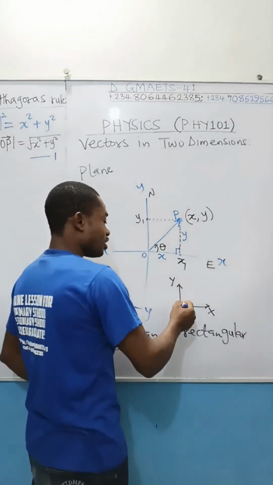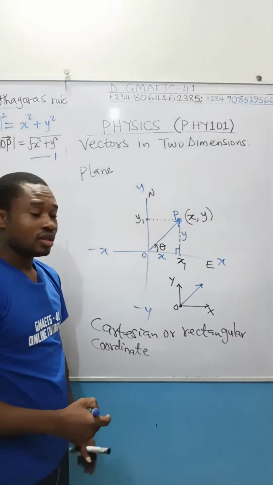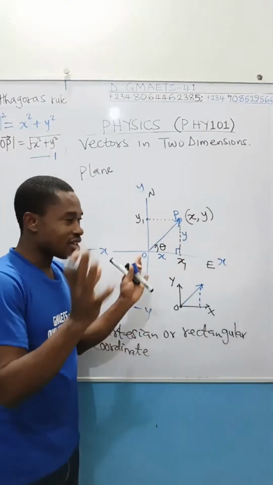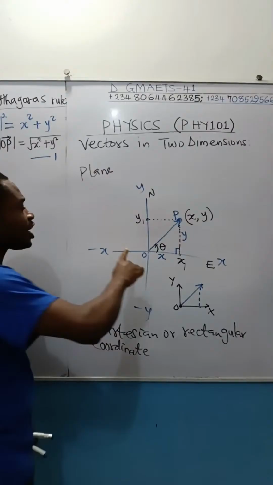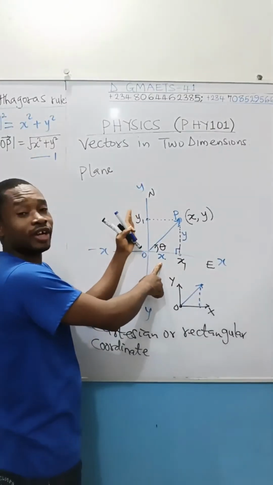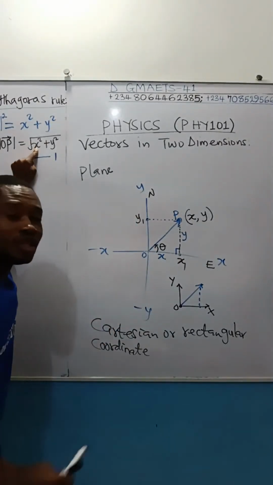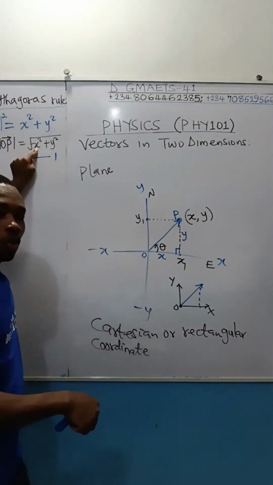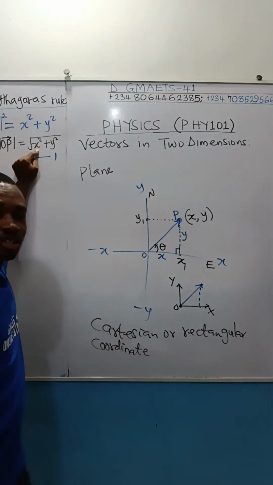And then to get the magnitude, you resolve the diagonal. The diagonal is the hypotenuse of this. So if you drop this, you now get your right angle triangle. That's just the whole idea. Which means that this OP has a horizontal value X and a vertical value Y. I can call this OP subscript X, the component of this vector in the X direction.